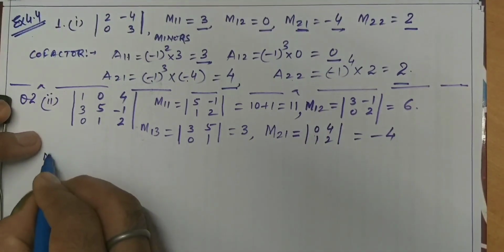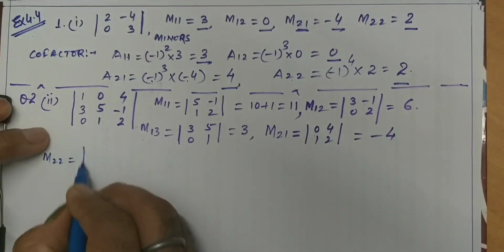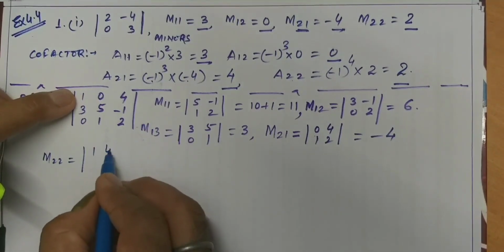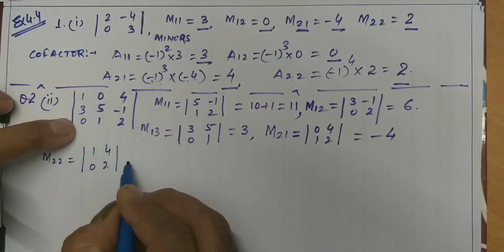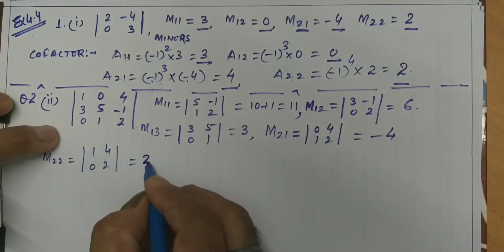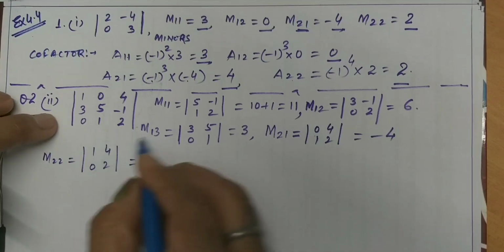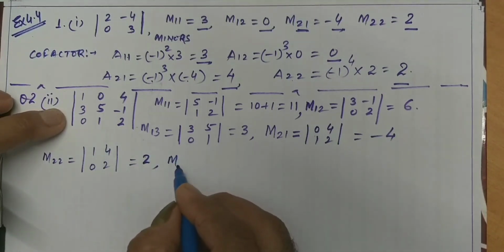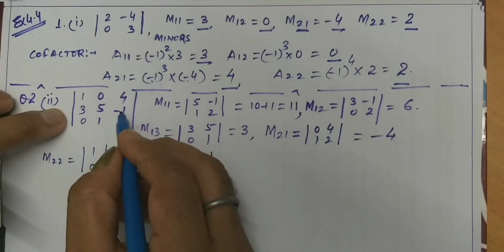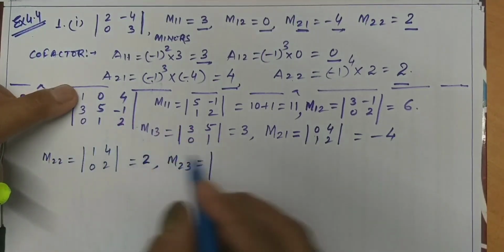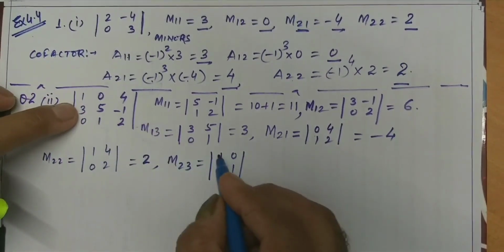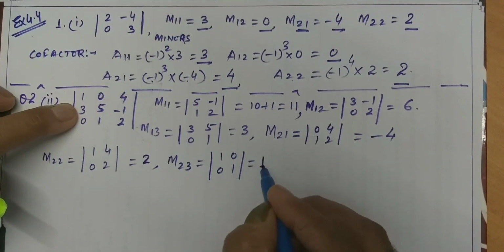Next is M22, this 5, we are talking about this way, 1 4 and 0 2, which is equal to 2 minus 0, 2. And then the last element of the second row is M23, which is this minus 1, leaving this way 1 0, 0 1, so 1 into 1 minus 0, 1.